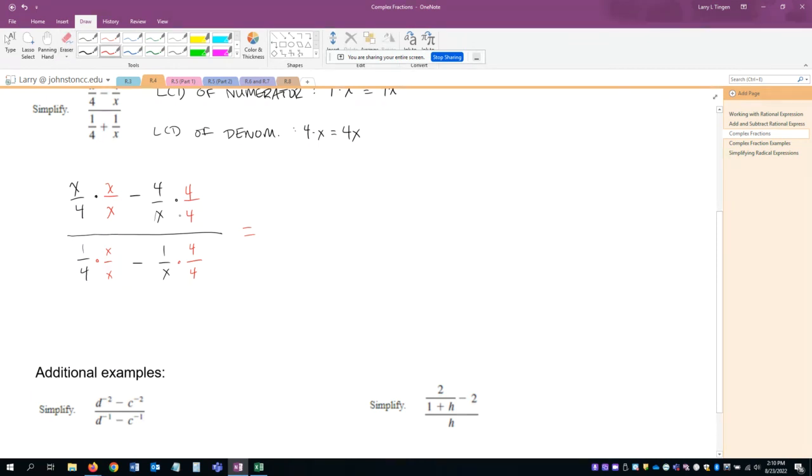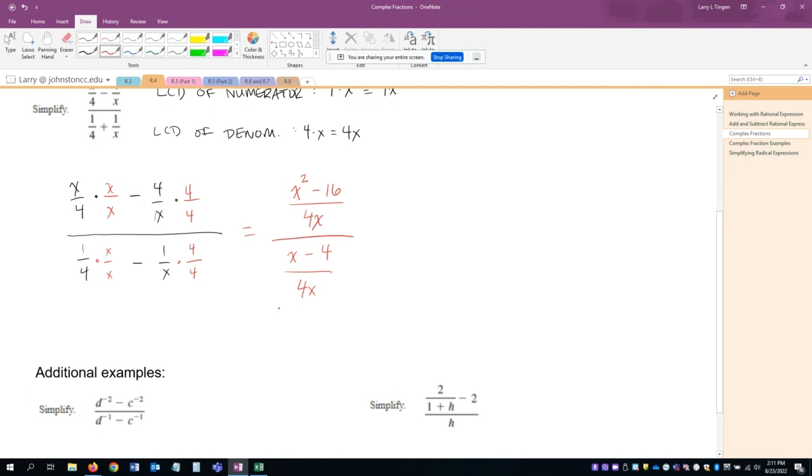Both of these multiplications result in denominators of 4x. So x times x is x squared, 4 times 4 is 16. So there's the numerator. The denominator, 1 times x is x, 1 times 4 is 4. The operation between the fractions was minus in both, so that's why this minus makes its appearance here.